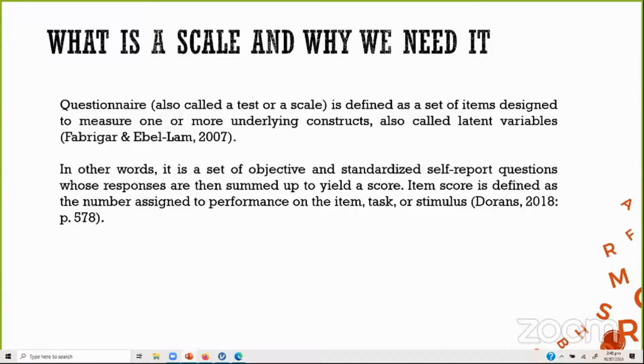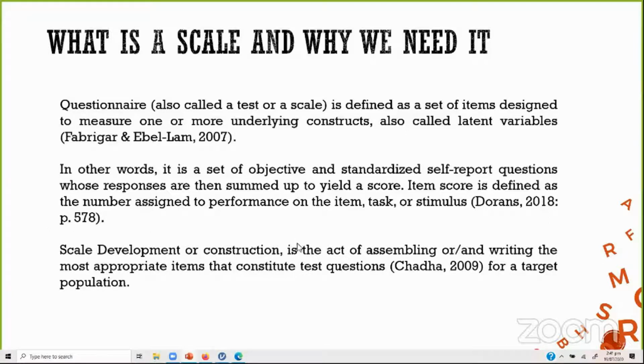Then you sum the scores of those 5 items, and that score actually represents the latent construct of social responsibility, servant leadership, or any other latent construct. Item score is defined as the number assigned to performance on the item, mainly through a Likert scale. So how do you score that item? You put a Likert scale in front of that item or that question.